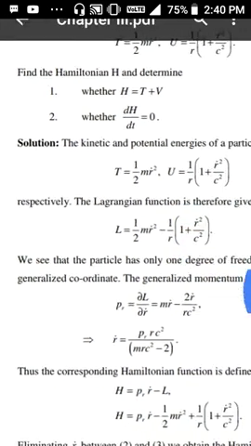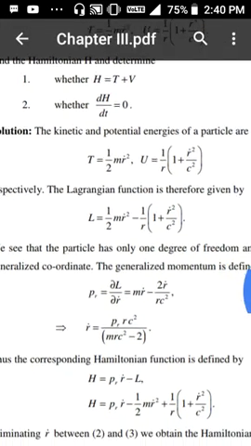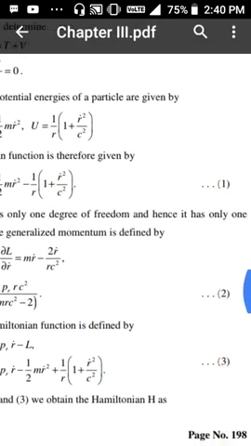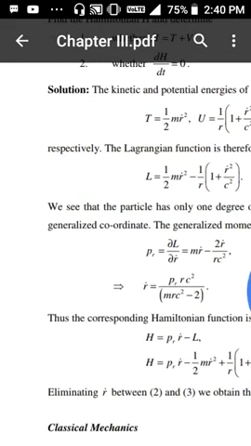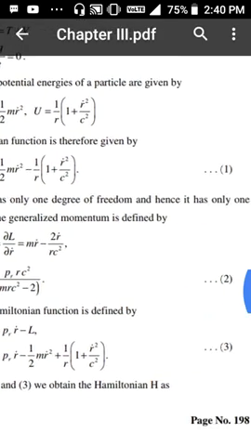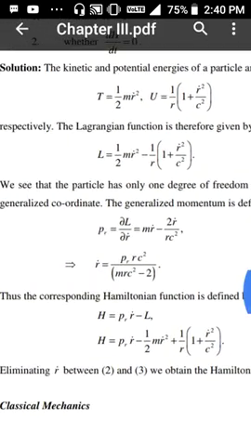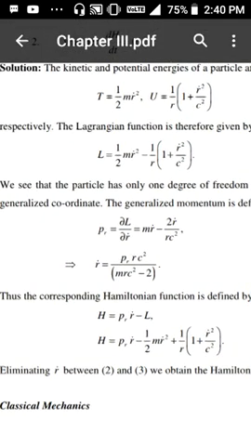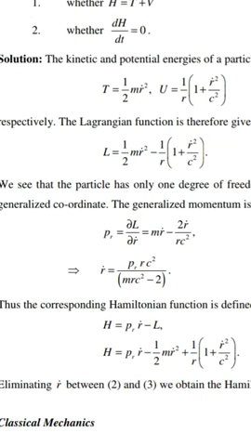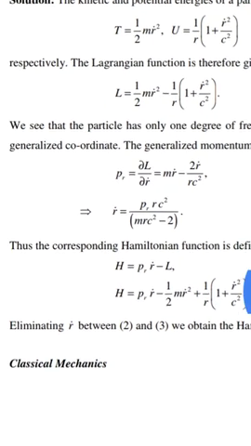We see that the particle has only 1 degree of freedom and hence it has only one generalized coordinate. The generalized momentum is defined by pr is equal to del L by del r dot is equal to m r dot minus 2 r dot divided by r c square. r dot is equal to pr r c square divided by m r c square minus 2.